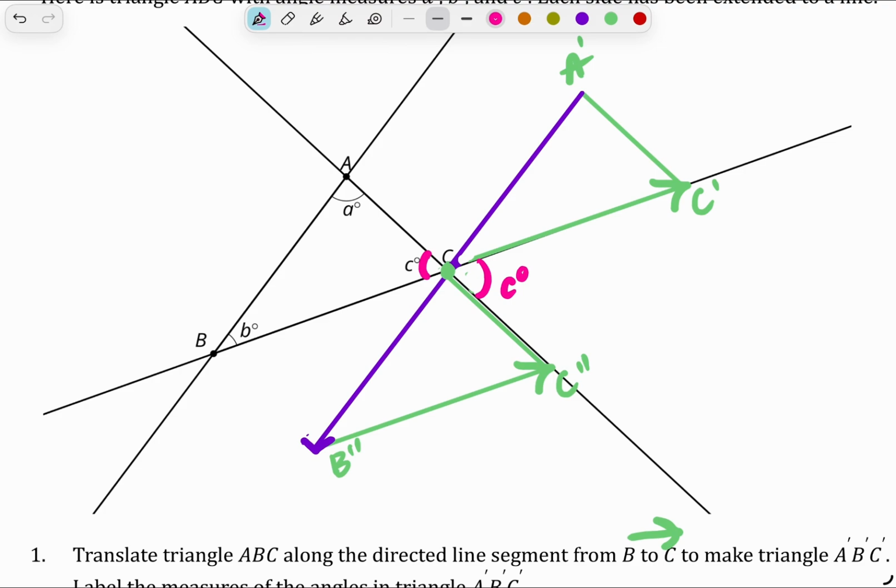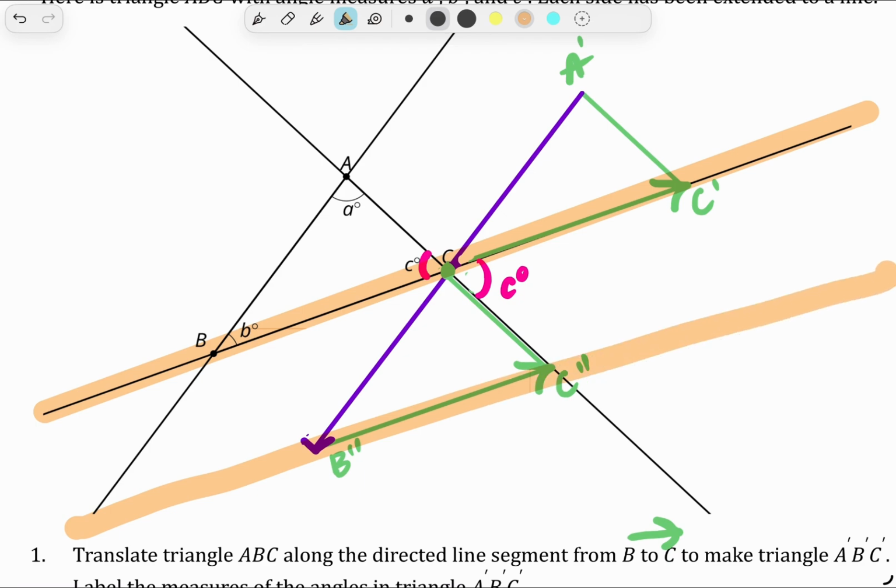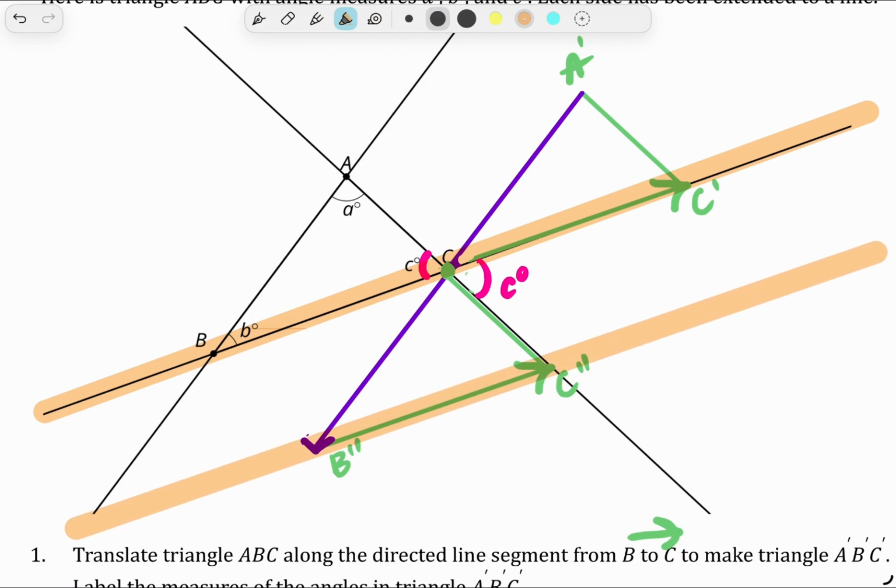All right. Now, when we translate an image, parallel lines are formed when we extend B double prime to C double prime. And this is the transversal.